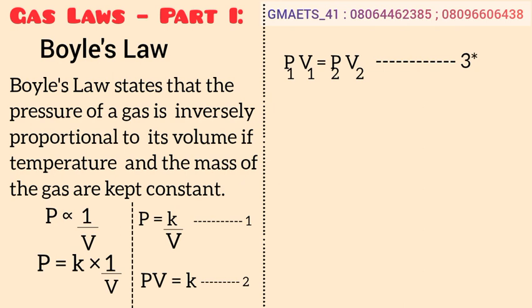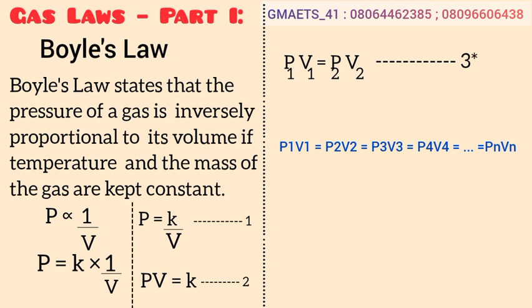Now take note, if the gas exists in say 3 or 4 or even more forms or states, we can simply write the equation as P1 V1 equal to P2 V2 equal to P3 V3 equal to P4 V4, down to the number of states or conditions that the gas exists, Pn Vn.